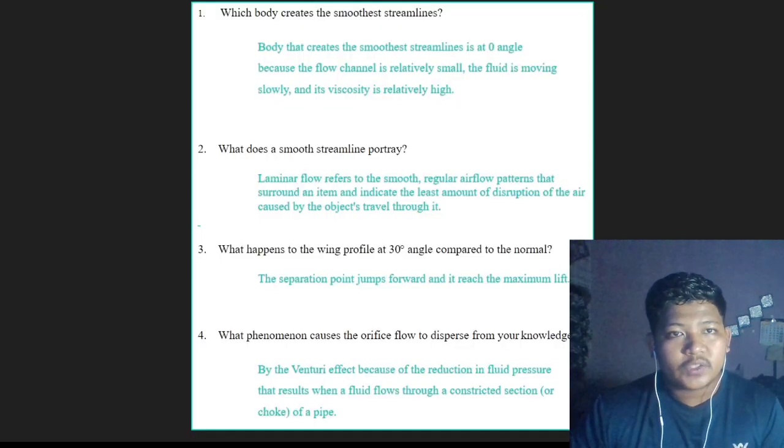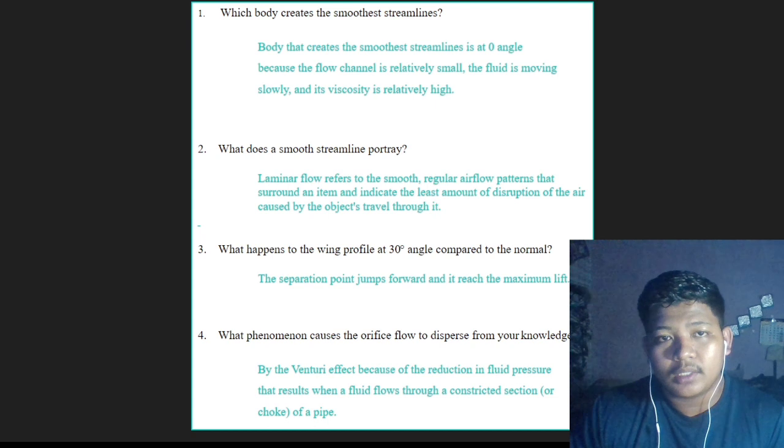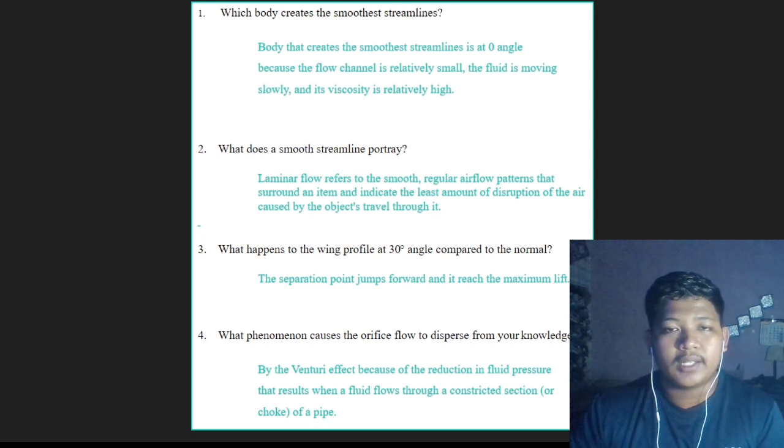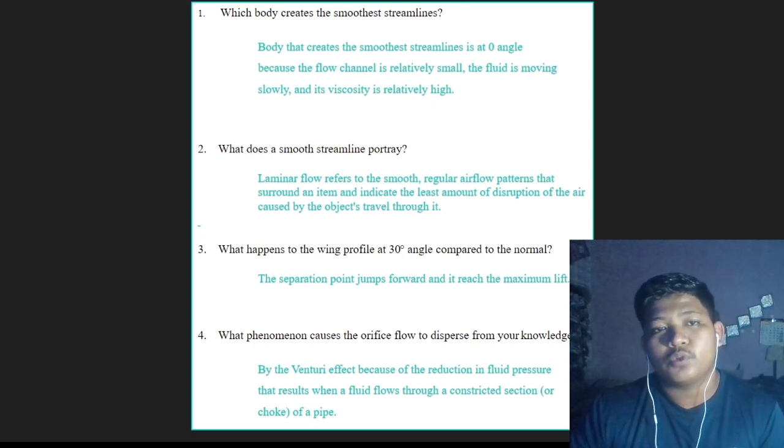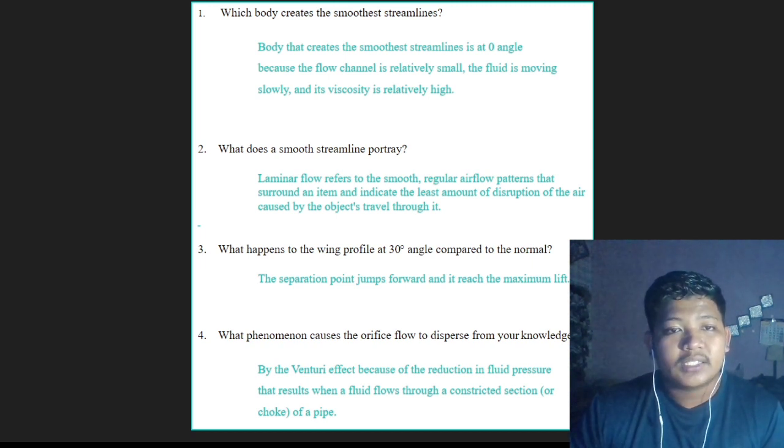Discussion. First question, which body creates the smoothest streamlines? The answer is the body at zero angle, because the flow channel is relatively small, the fluid is moving slowly, and its viscosity is relatively high. Second question, what does a smooth streamline portray?